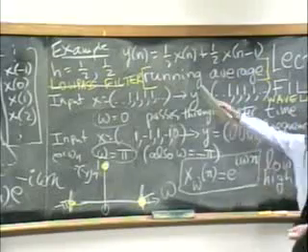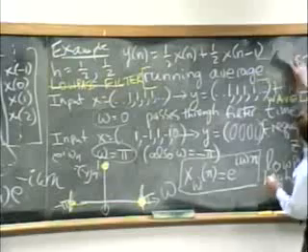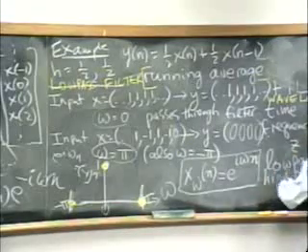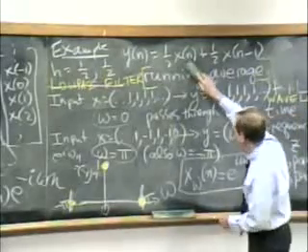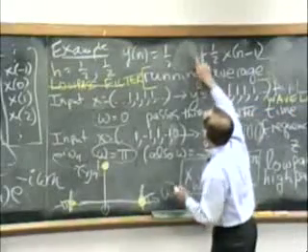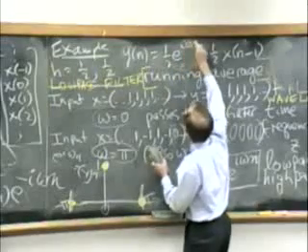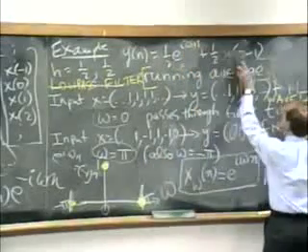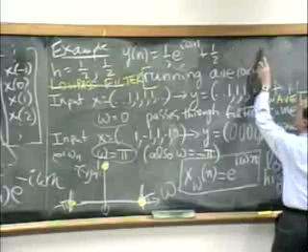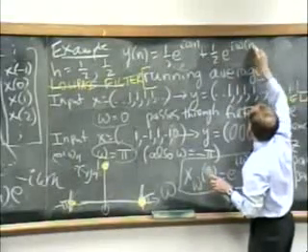Well, I'll just plug it into the formula and figure out the output. This one is easy, right? x of n is e to the I omega n. I'm taking a pure frequency. And what's x of n minus 1? e to the I omega n minus 1.